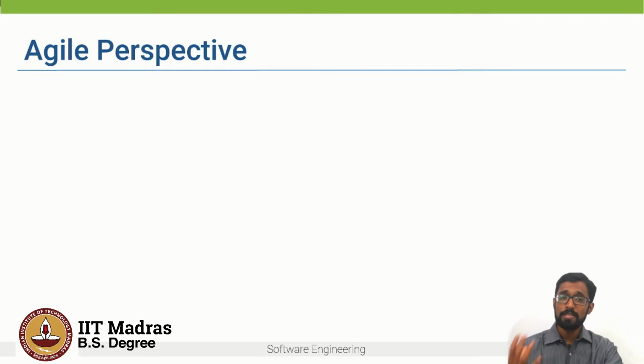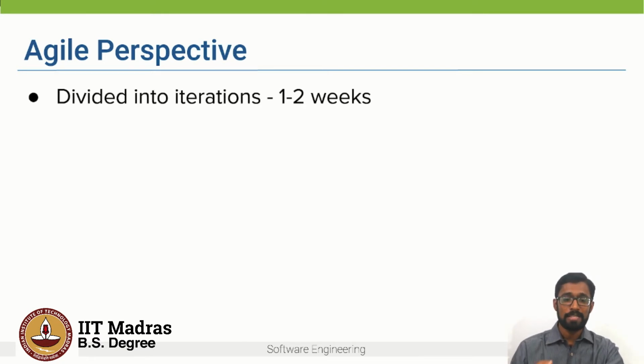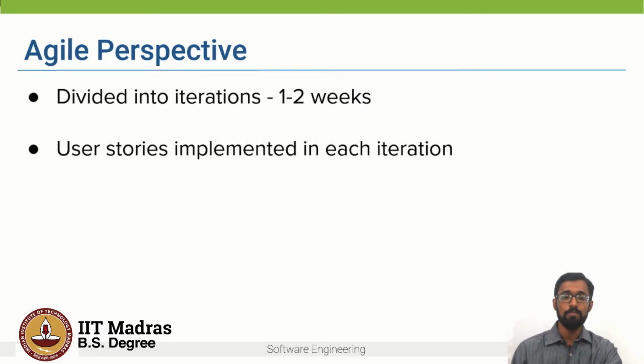Now let's just recall the Agile perspective and the philosophy which we discussed in the first week. The Agile lifecycle is divided into iterations of typically 1 to 2 weeks. In each iteration, certain user stories are implemented.